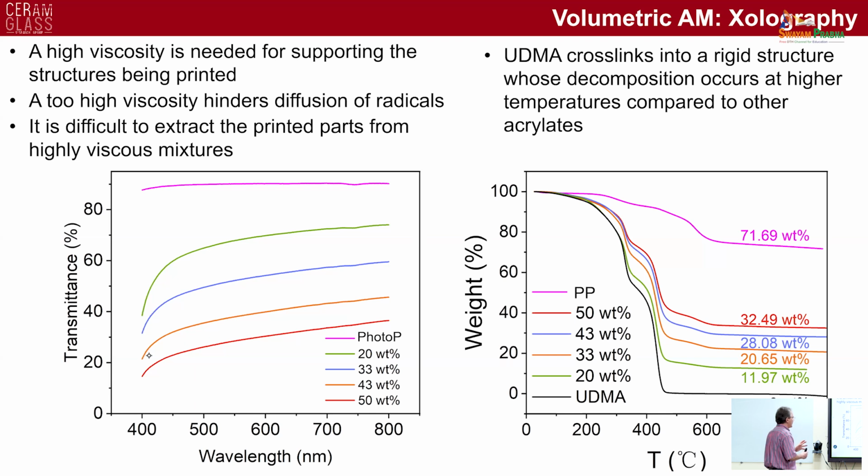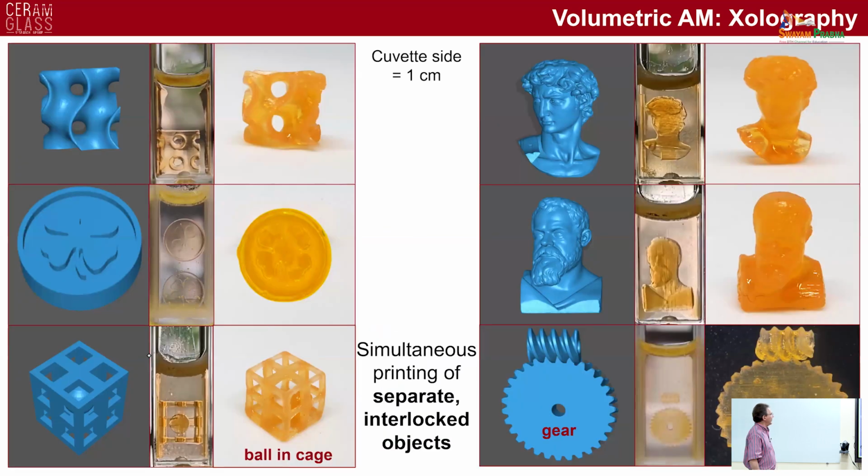So we have phase separation and some issues with transparency, but the main point is that you need enough transparency for printing. So we could print with all of these systems, but the best ones were the ones that contained the least amount of preceramic polymer. And of course, depending on the content of photopolymer, you have different ceramic yields. But we were able to find systems that enabled us to generate good parts.